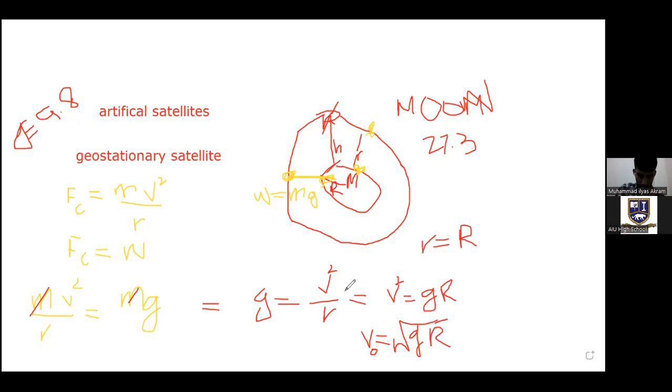Also we can put this g in terms of mass, and the formula will be like that.